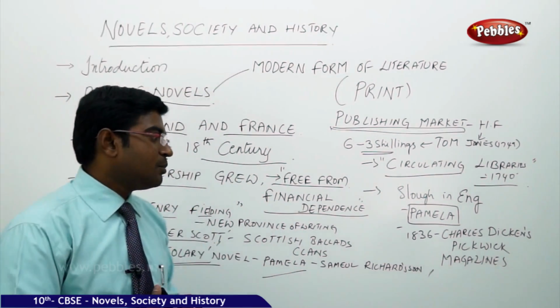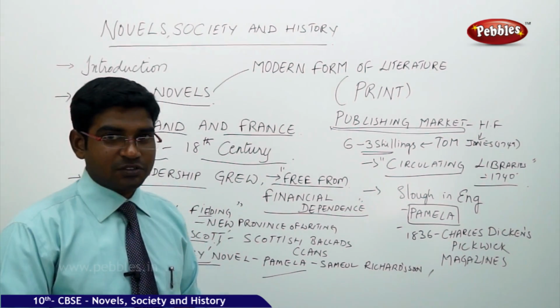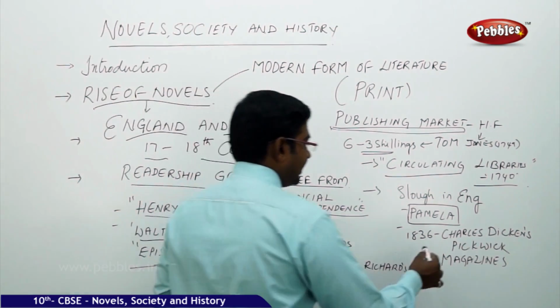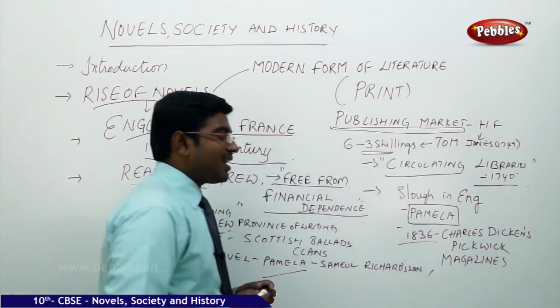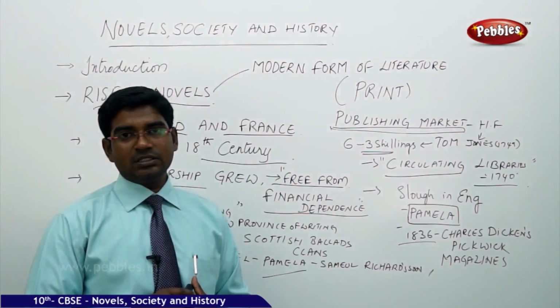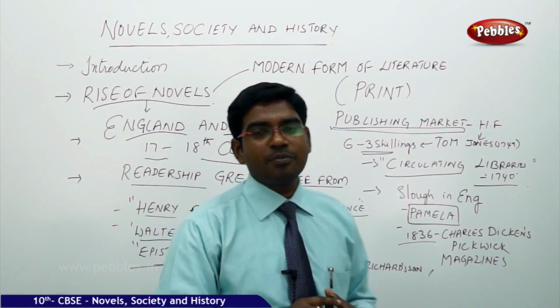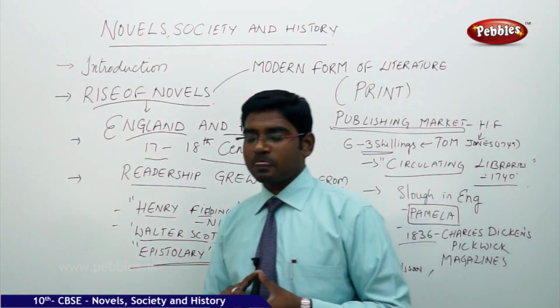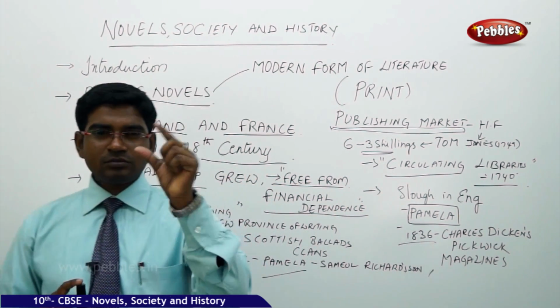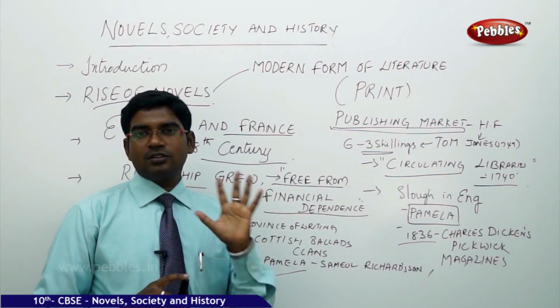And later, the most fascinating development happened in 1836. In 1836, Charles Dickens' Pickwick magazine brought a major change in the outlook of the people towards reading, because till that time a book was permanent.